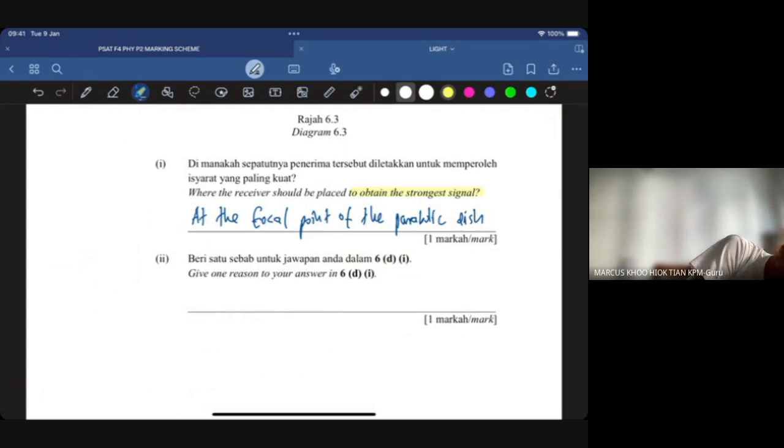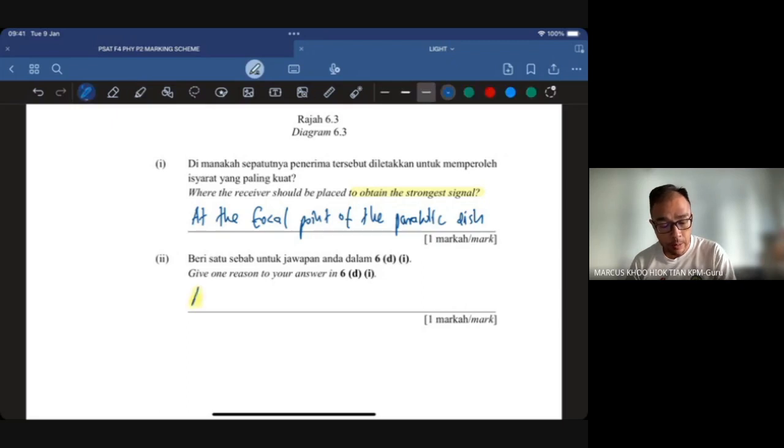The reason for this, even according to the black book, is that all received signals can be focused on one point.